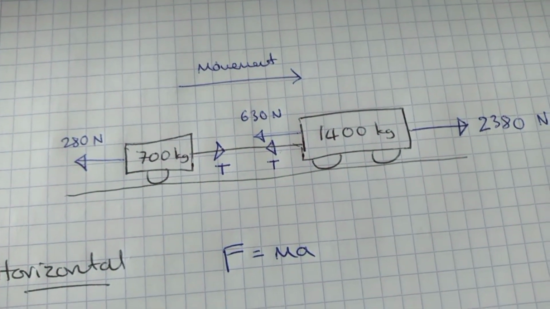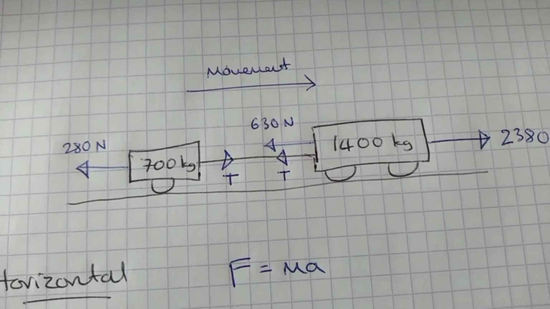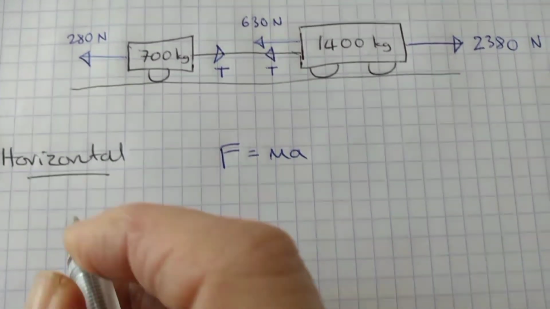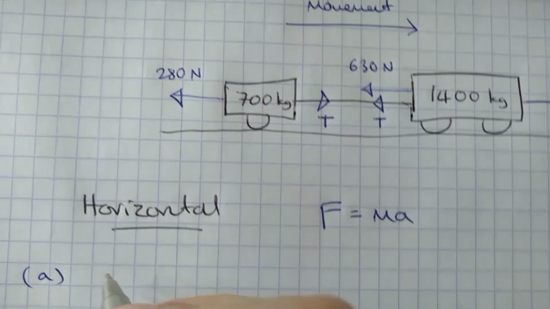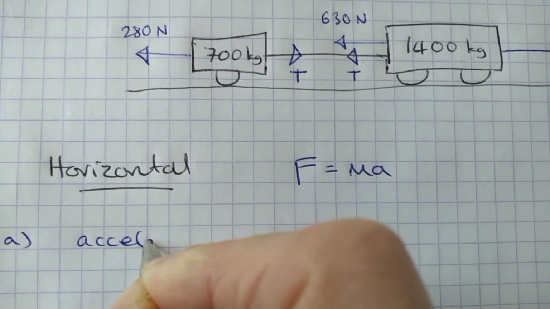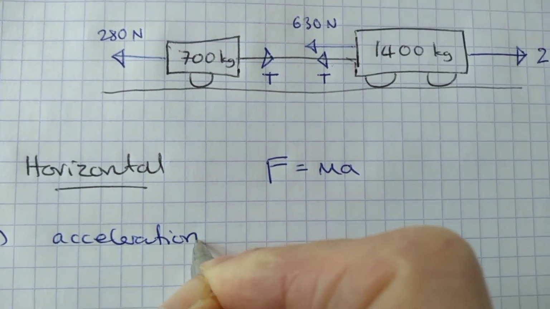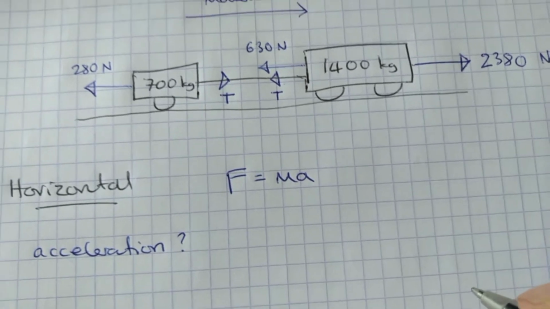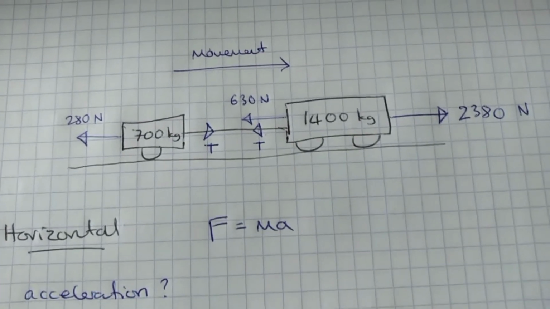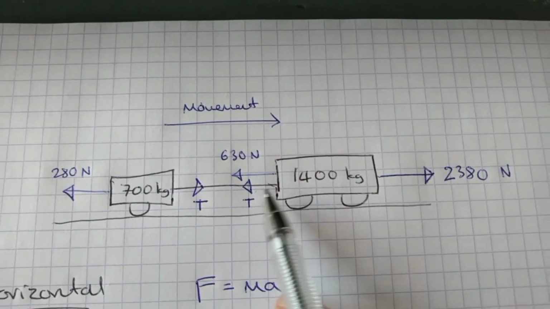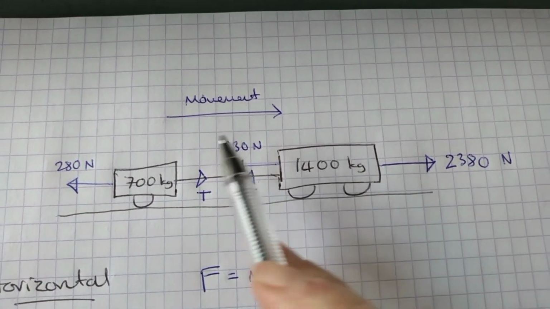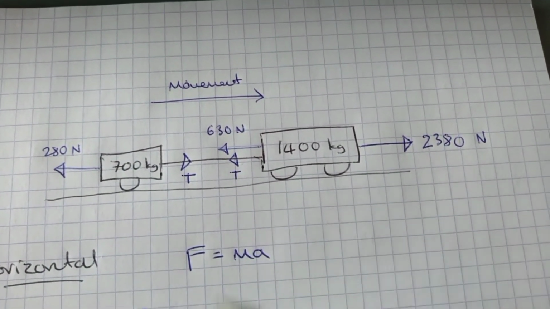However, part A says find the acceleration of the car. Now, acceleration of the car, because this is a rigid tow bar, is going to be the acceleration of the whole system.